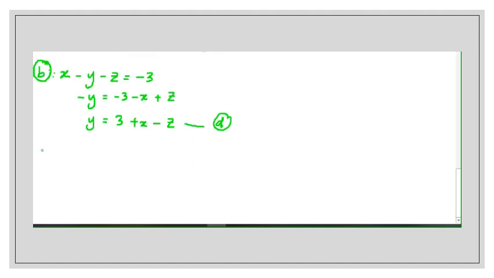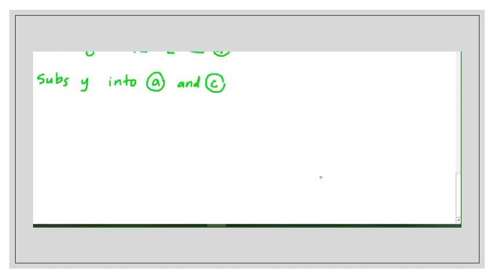Okay. Substitute y into A and C. Your equation A is 2x plus y plus 3z equal to negative 2.